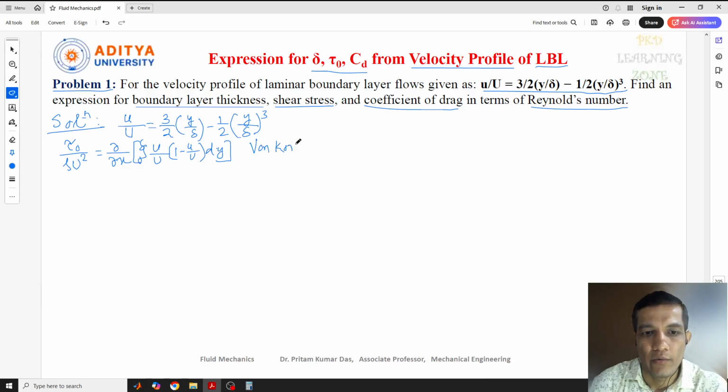Now we just need to put this value of u by U in the momentum integral equation.